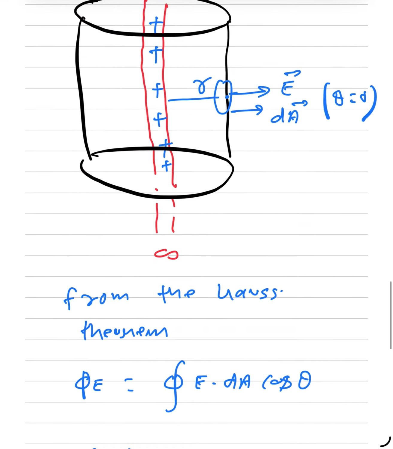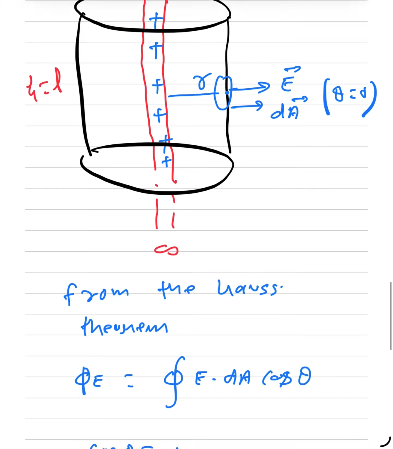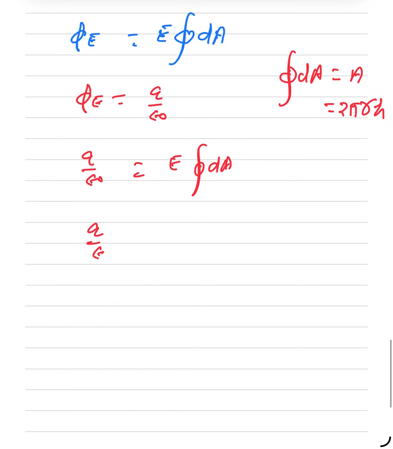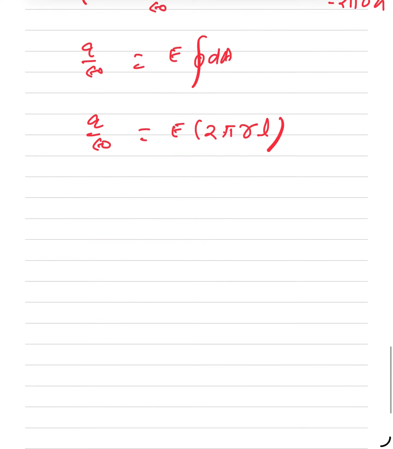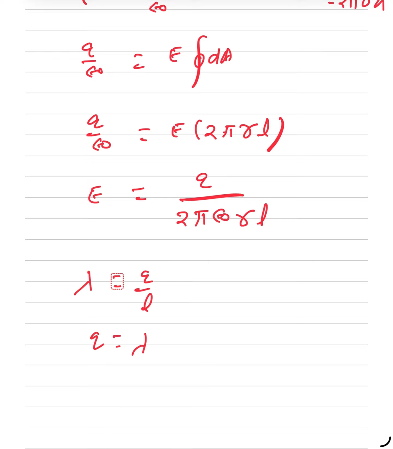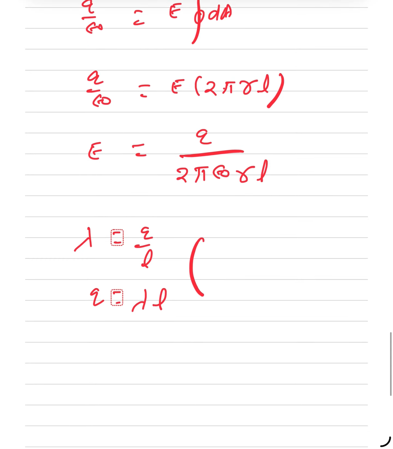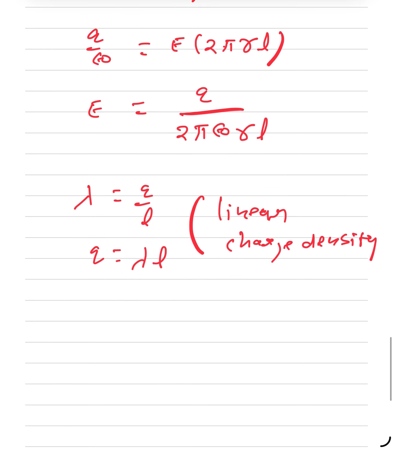and H equals L, so Q divided by epsilon naught equals E times 2 pi r L, right. In this situation, the electric field E equals Q divided by 2 pi epsilon naught r L, right, and lambda equals Q divided by L, meaning Q equals lambda times L. This is the linear charge density, right.